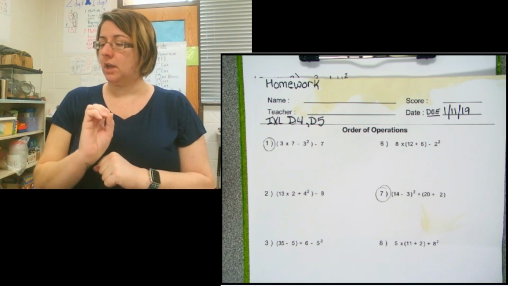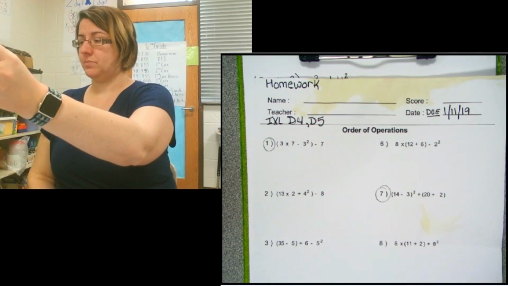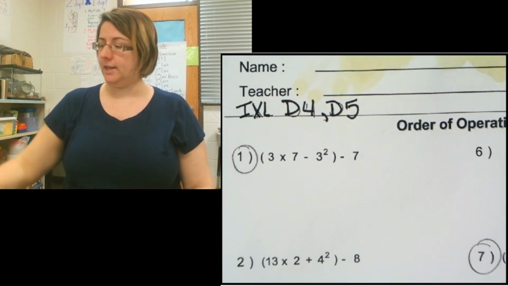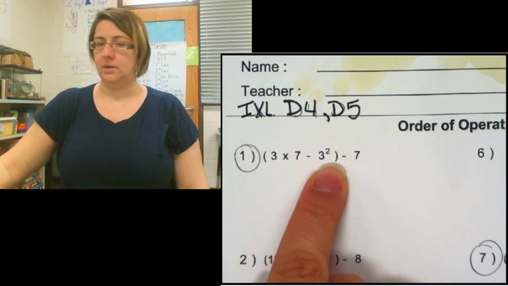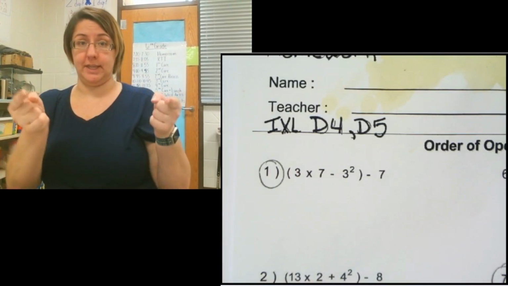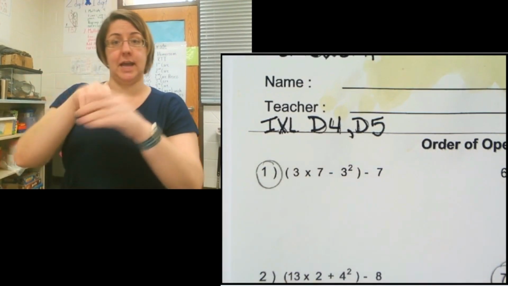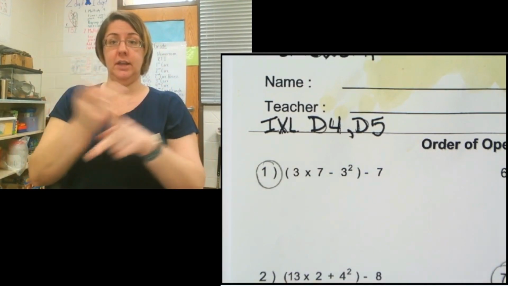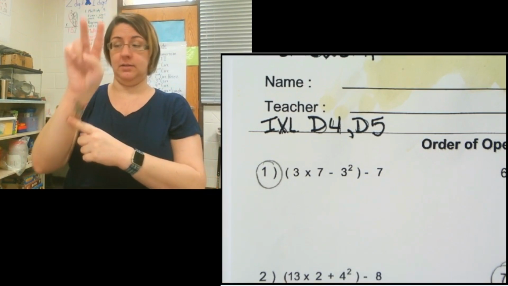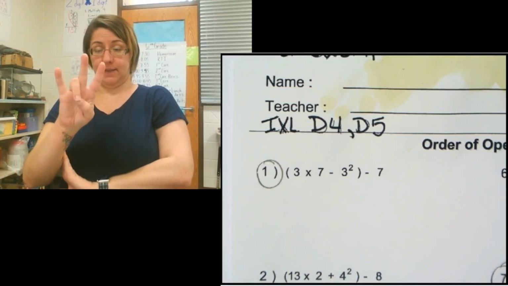Alright? So, if you look at your first problem, number 1, first of all, you see the parentheses, and then you see inside those parentheses 3 times 7 minus 3 to the second, and then minus 7.